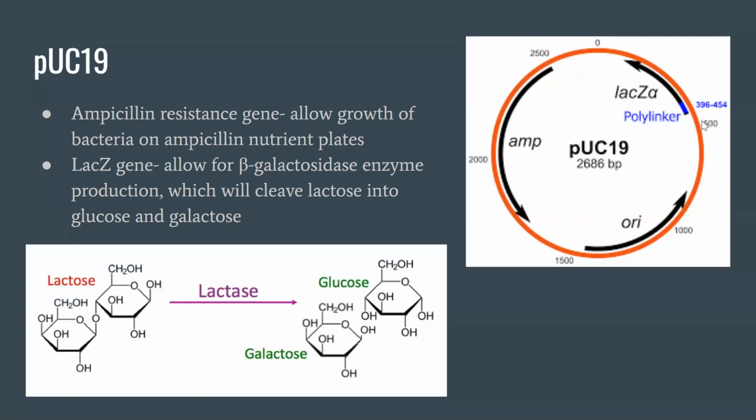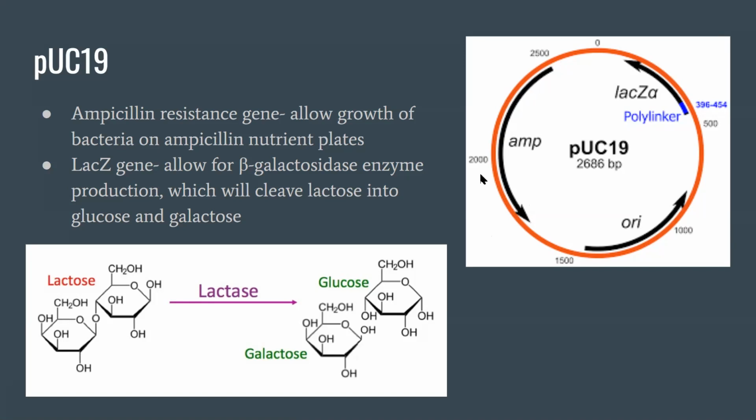So we have the lacZ gene here, which will code for an enzyme called beta-galactosidase. This enzyme gives bacteria the ability to digest lactose to galactose and glucose. I'll talk a bit more about this in the next slide, but it's also going to have an ampicillin resistance gene. And this is going to be very important for knowing what cells were successfully transformed.